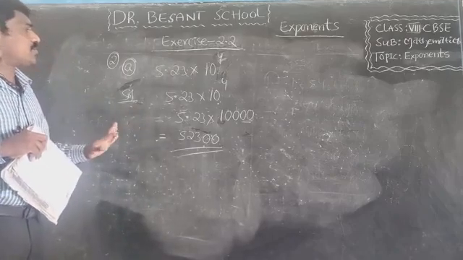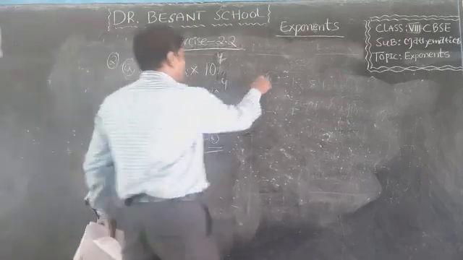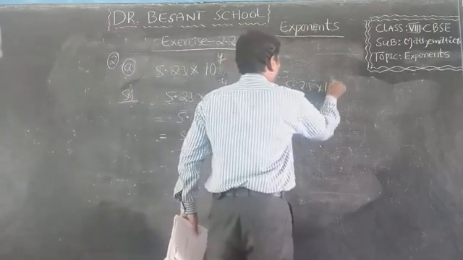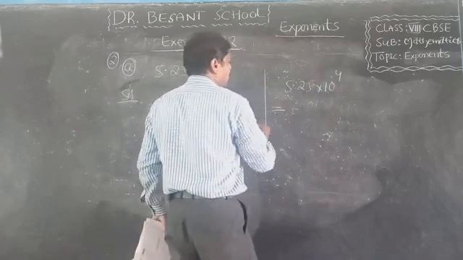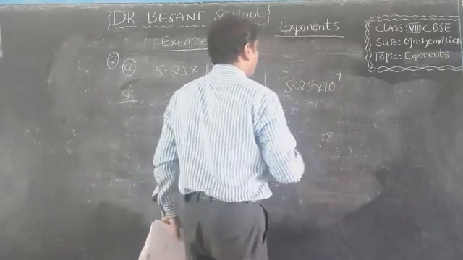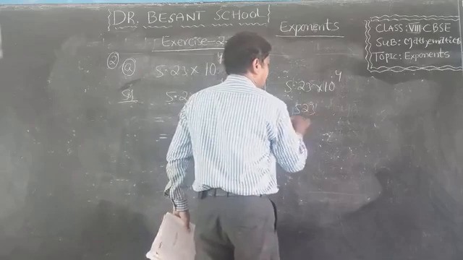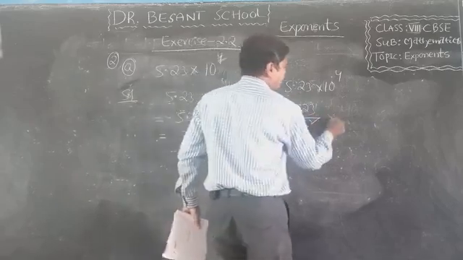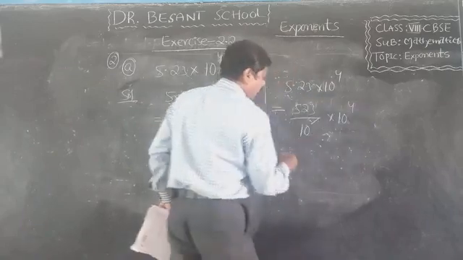This is one way. Another way: 5.23 into 10 power 4. So that is equal to 523 by 10 square into 10 to the power 4.